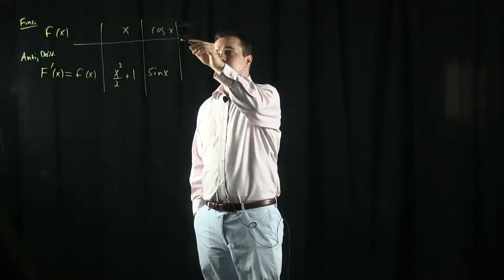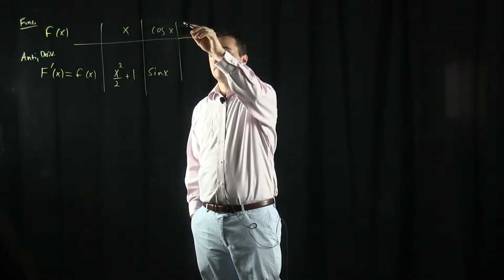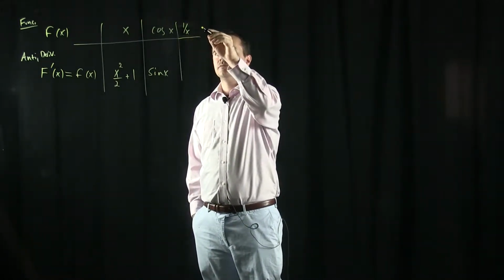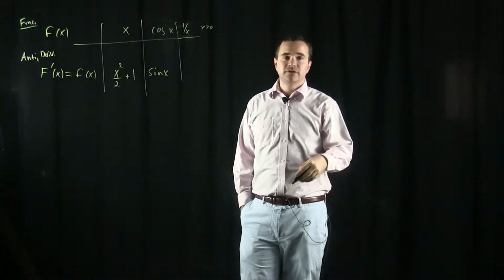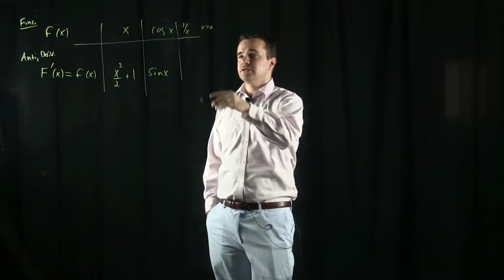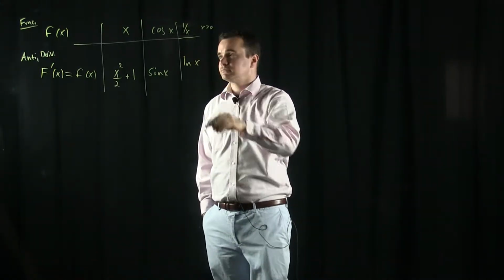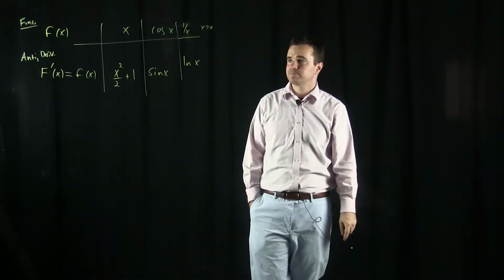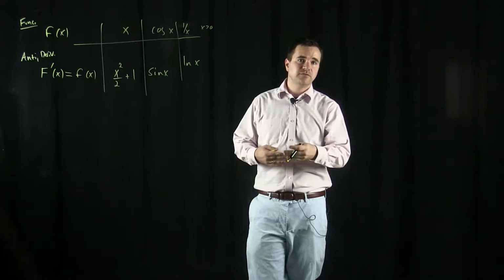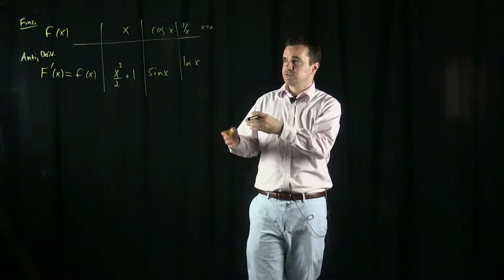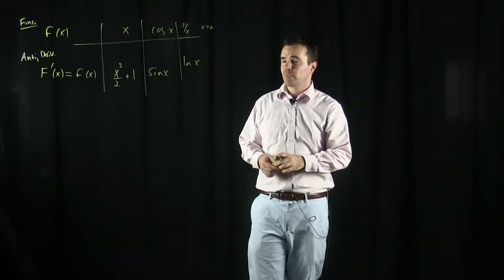What about 1 over x for x bigger than 0? An antiderivative is a function whose derivative is 1 over x, I could take natural log of x, no problem. So antidifferentiation is like doing a derivative, but in reverse. That's why it's named that way.